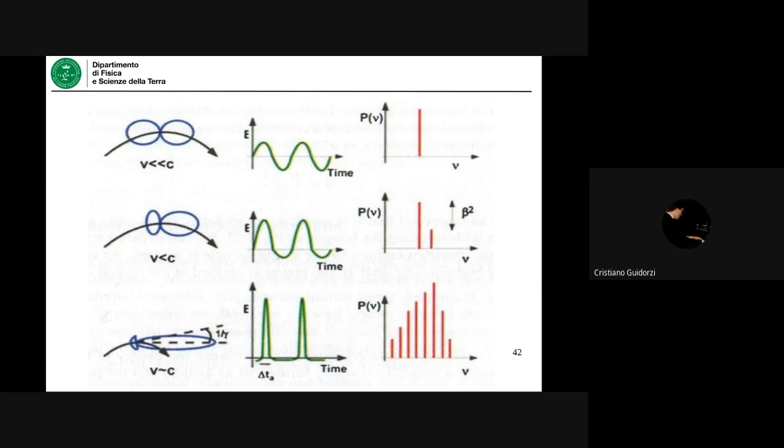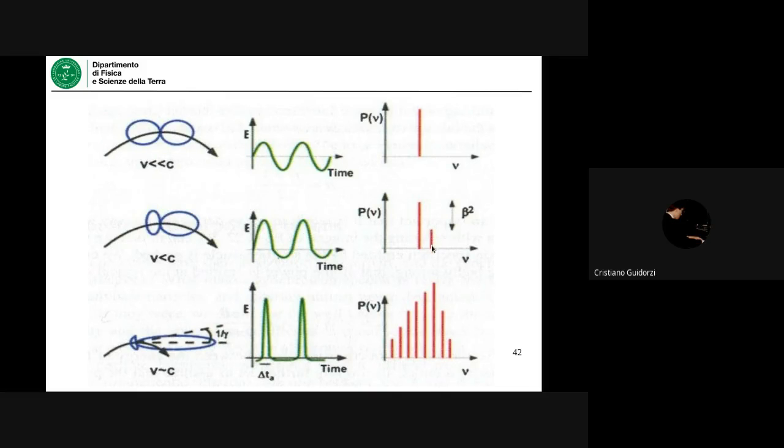You see that the shape of the electric field starts changing, and this is reflected in the pattern emitted. What does this mean? It means that if you work out the Fourier decomposition of this, you start seeing some higher order harmonics.